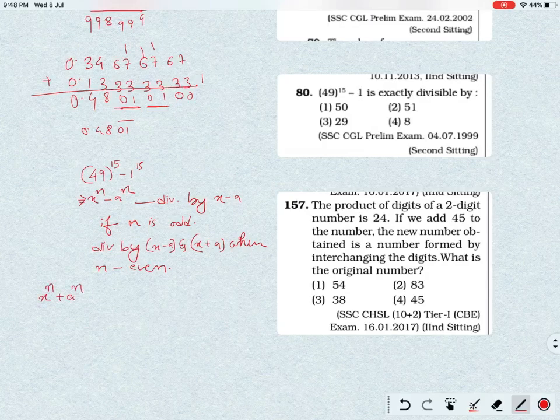Again, x to the power n plus a to the power n is divisible by x plus a if n is odd. If n is even, it cannot be determined.